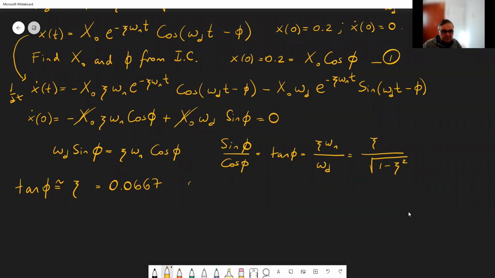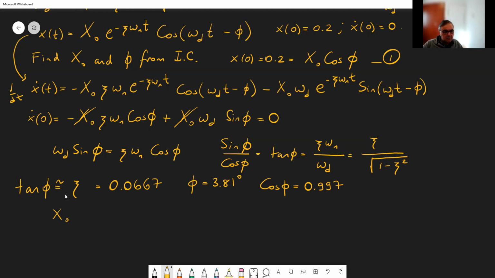So phi angle is 3.81 degrees. And cosine phi is actually 0.997. It's almost 1, okay?